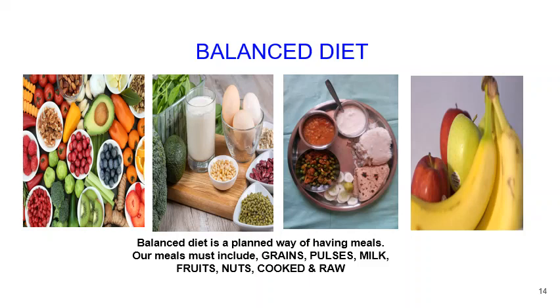These are the raw items we can take. These are some of the cooked items we have to take. Cooked items may include wheat, that is roti, rice, dal, and lentils, and raw ones like cucumber, etc. So all this would make up a balanced diet.